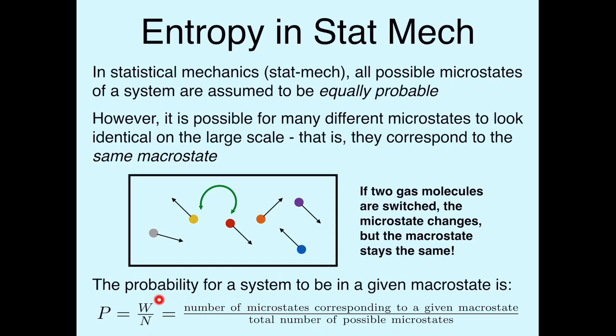So that would be w for getting 2 heads, 2 tails. But n would be the total number of possibilities, which would be 16. So what we did is we took 6 over 16, which works out to 3 over 8. And we said the probability of getting 2 heads, 2 tails is 3 over 8. So that same kind of logic applies to statistical mechanics when we're looking at large numbers of particles, okay?